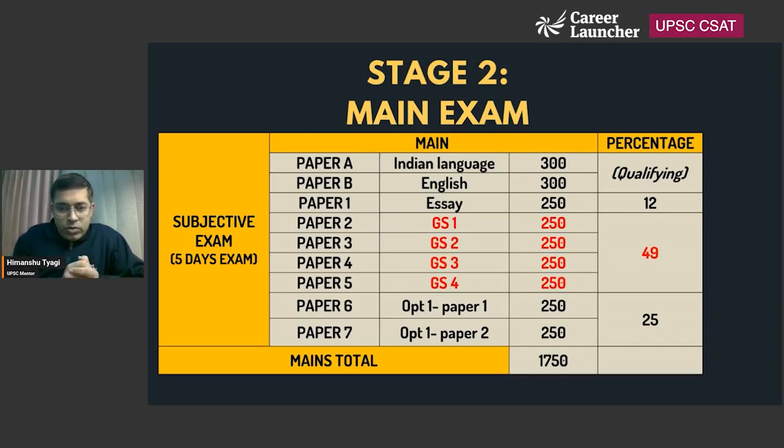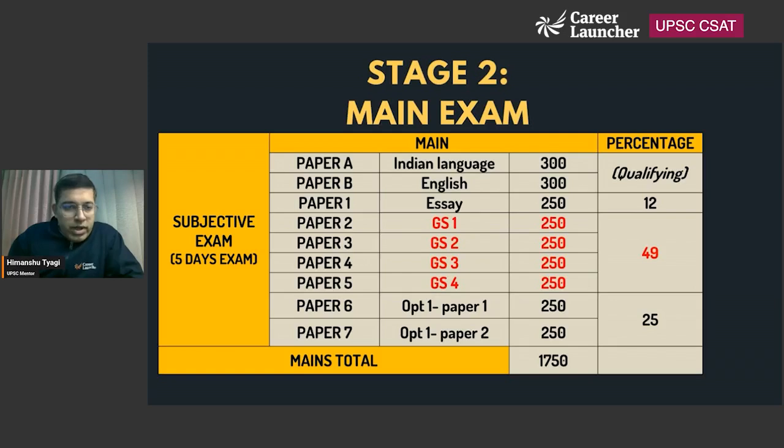So let's say you have scored very high marks in 6 of the papers, but in one paper you have scored less than 10%, and your total marks is above the cutoff of that particular main examination. Still, you will not get selected for the personality test, because there is a minimum qualifying criterion that in each of these 7 papers, you have to score a minimum of 10%.